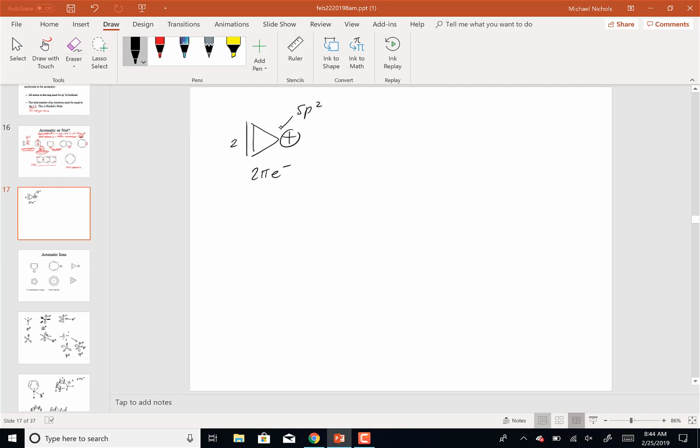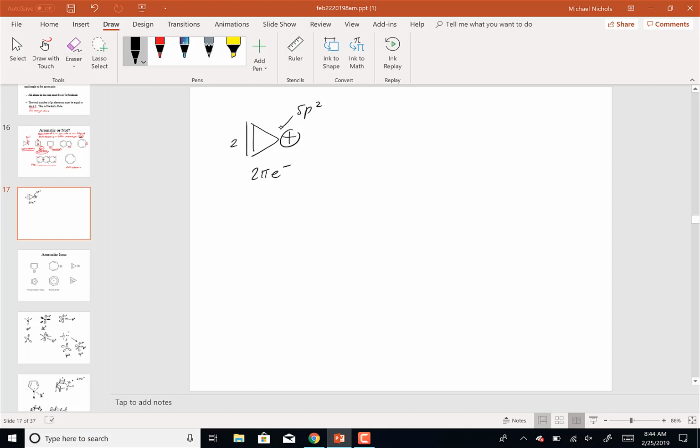So this is an aromatic cation. What does that mean? Well, what that means is compared to other allylic carbocations, this one is far more stable than your run-of-the-mill, non-aromatic, secondary allylic carbocations.